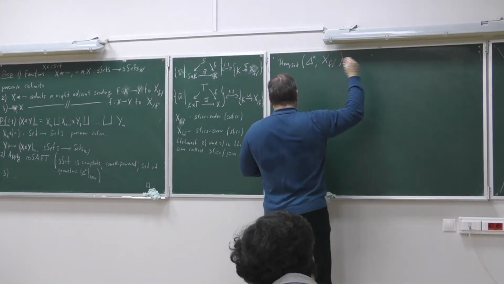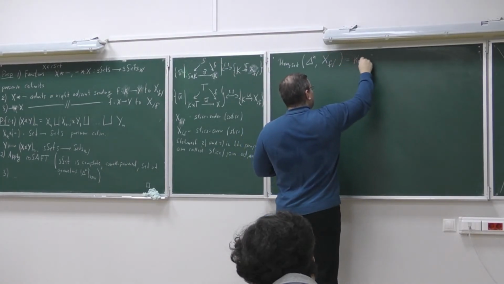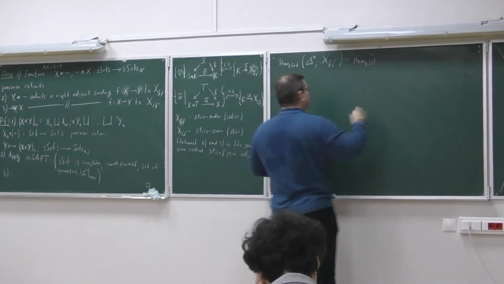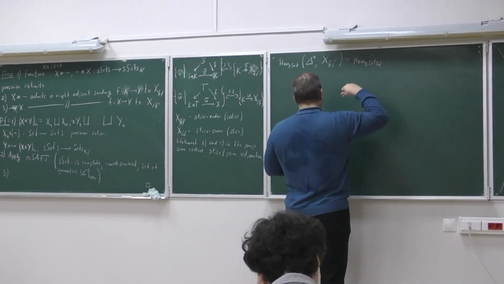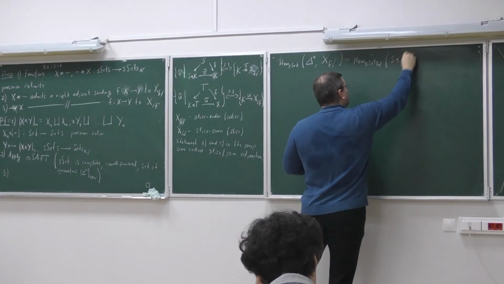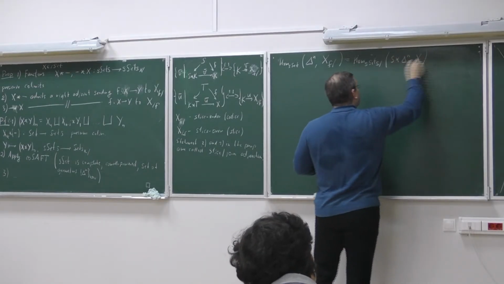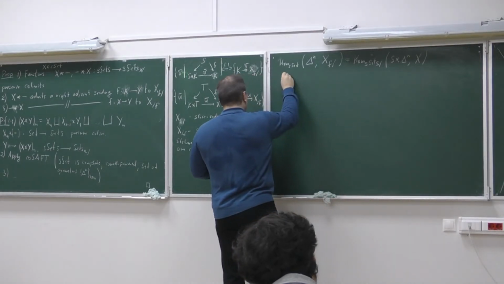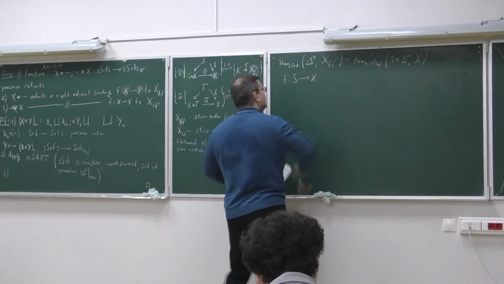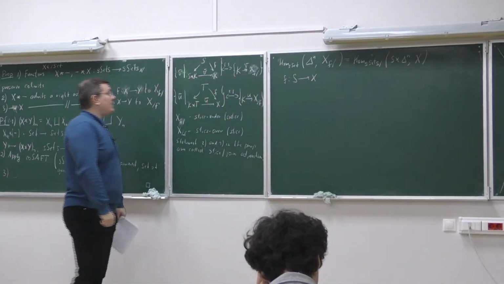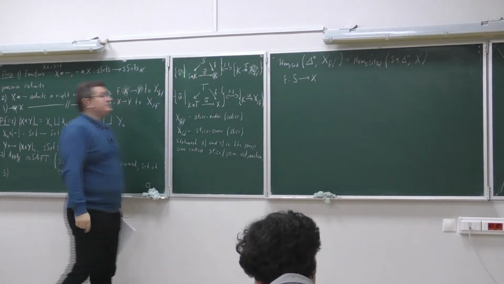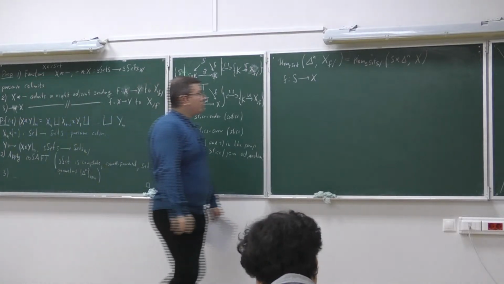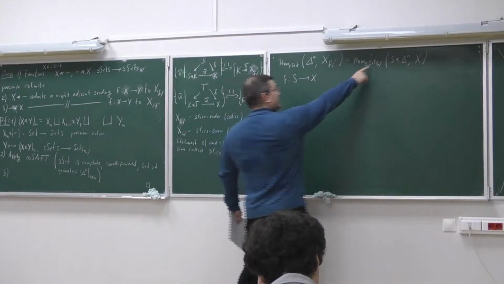By our definition, this is the same as the Hom in the category of simplicial sets, now under S, so S joined with the standard simplex, into X. Here my map F is a map from S to X. You can forget about this adjunction and just take this as a definition.